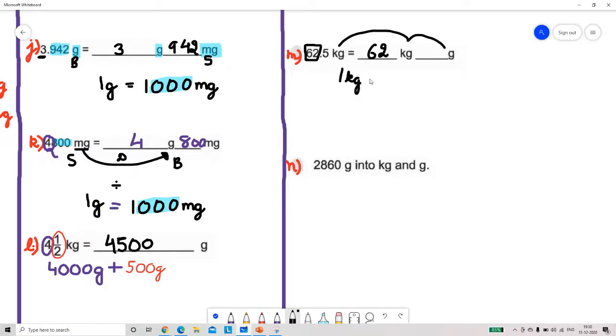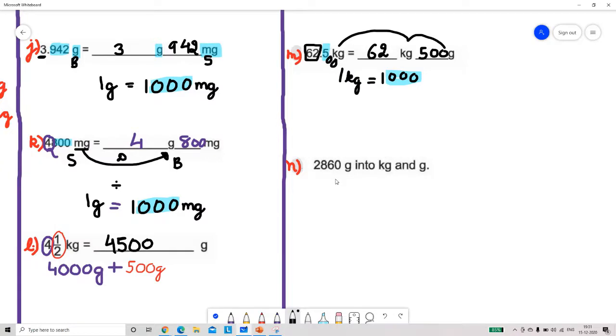So 1 kilogram is equal to 1000 grams. And if you can see, now we have only 5. And how many digits are there? 3 digits are there. So there should be 3 digits here also. So after 5 we can put 2 zeros. So it will become 500 grams. So the answer is 62 kilograms and 500 grams.